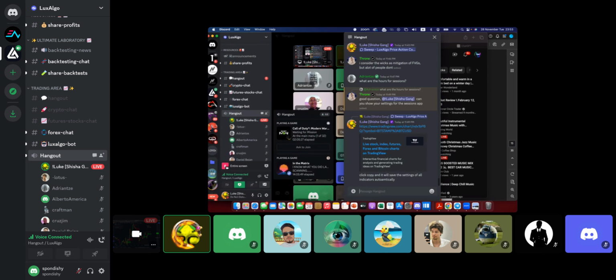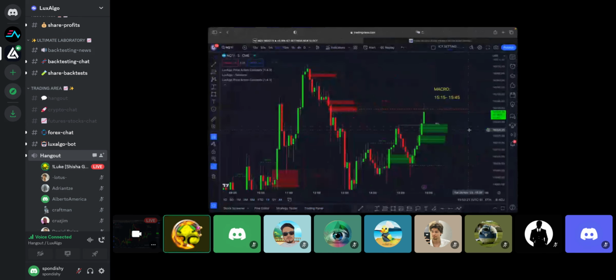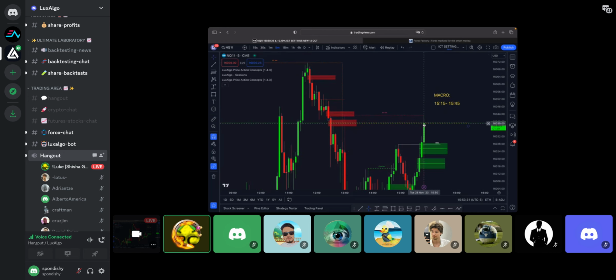Hope you guys are learning something. You see how it's struggling to go above it? See how sensitive price is to this line?